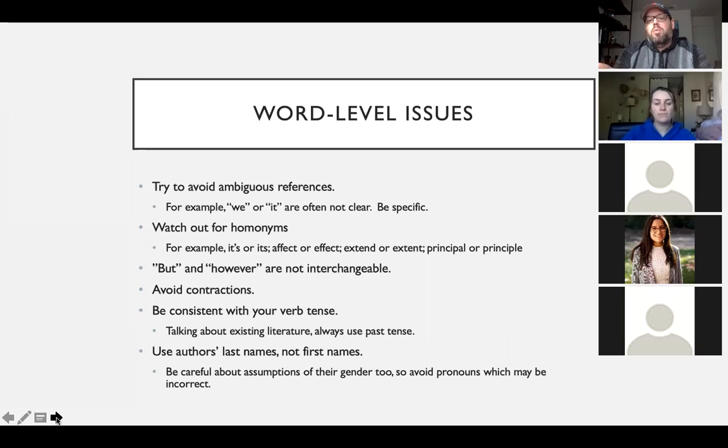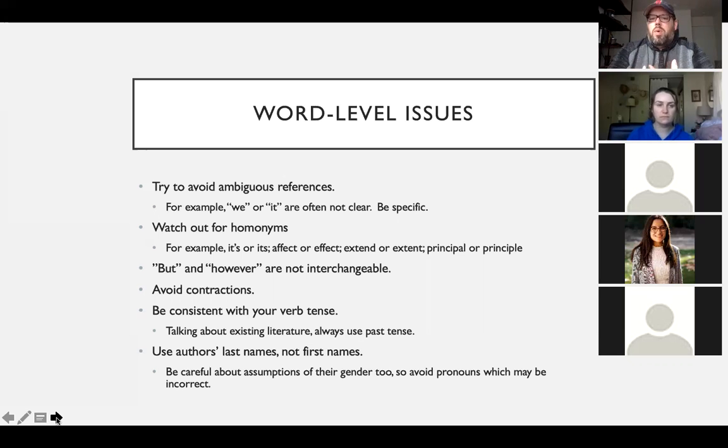So when we are writing, we want to try to avoid ambiguous references and wording choices in our writing. For example, using we or it is oftentimes maybe assumed to refer to people who are working in our field, whether that's school counseling or higher education professionals in our program's case.